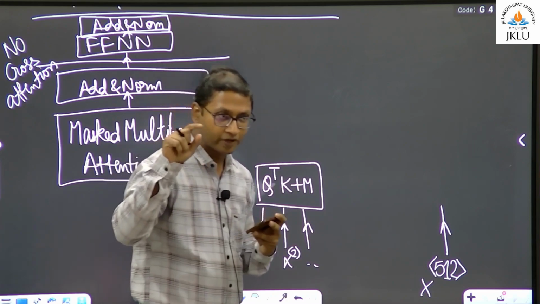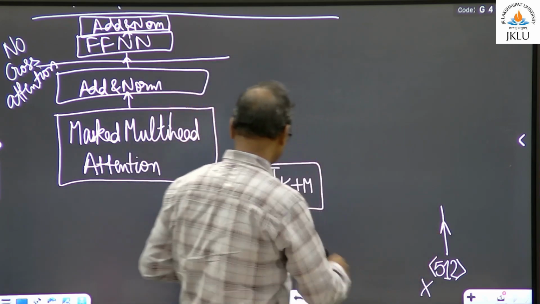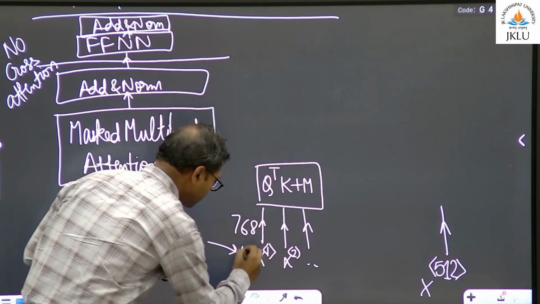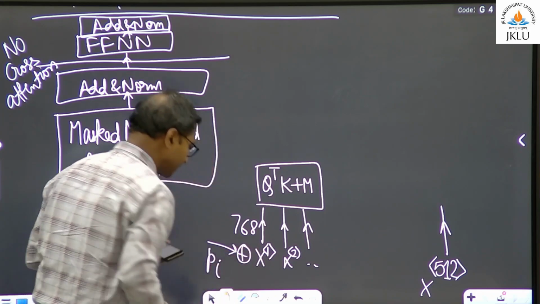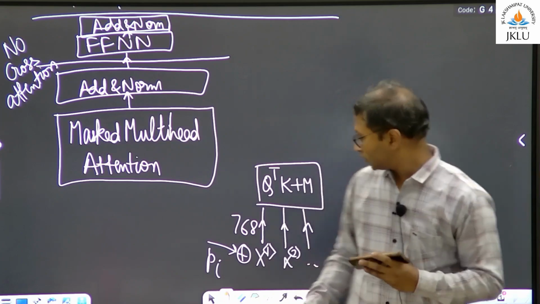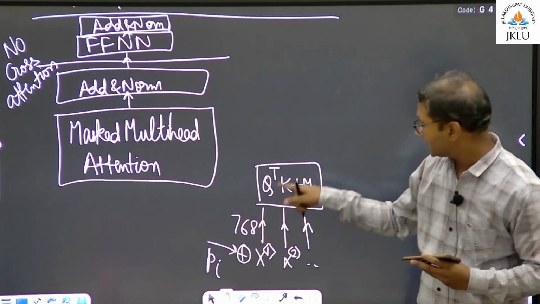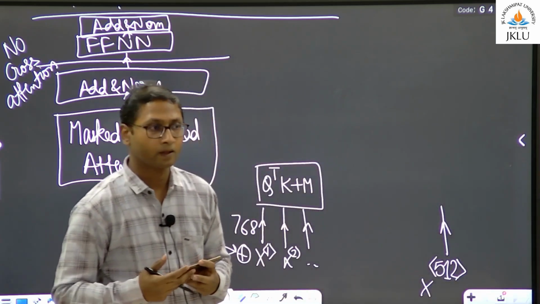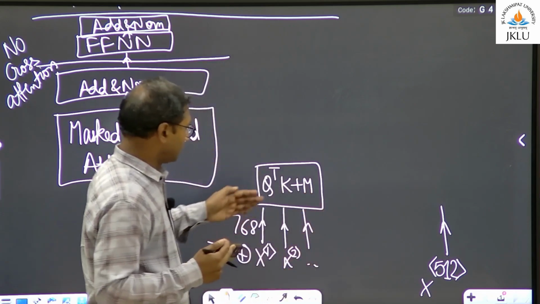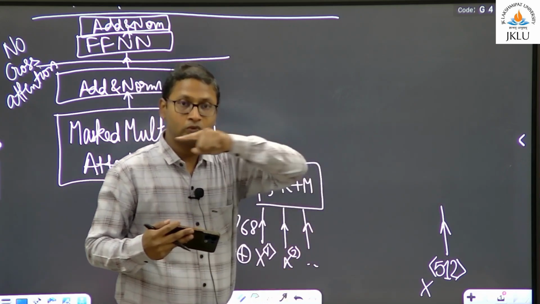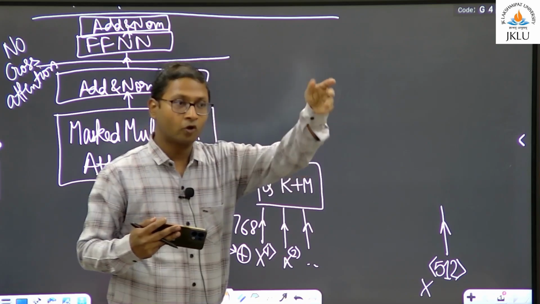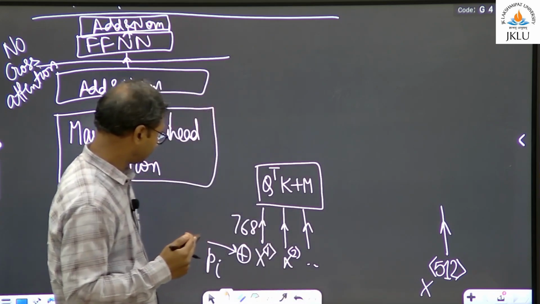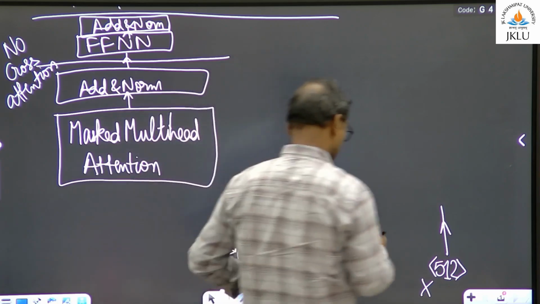It was 512 cross 512 in our last lectures, but right now each x1 is 768. Of course, you are also adding the positional encodings here. So, these two are 768. So, you need to have 512 attention scores for 768. Okay, right. So that is what it becomes.